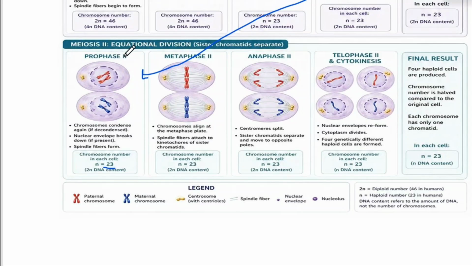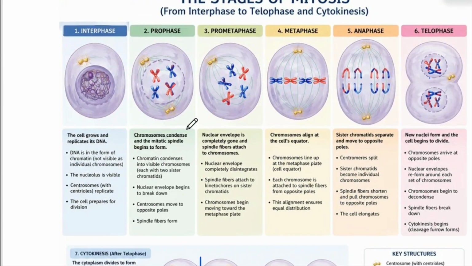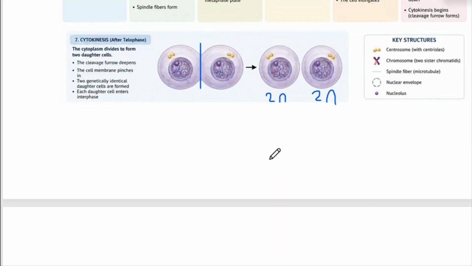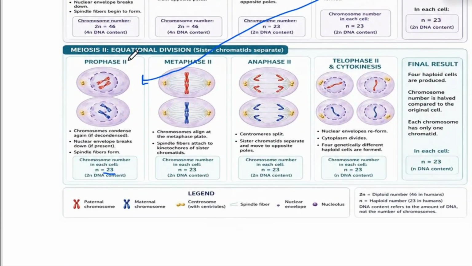Here, meiosis 2 is the equational division and has the same steps as mitosis.